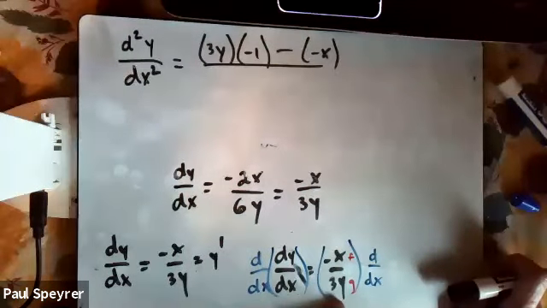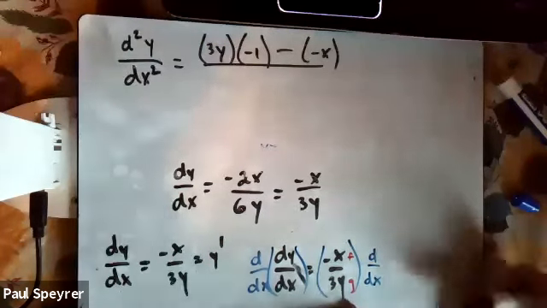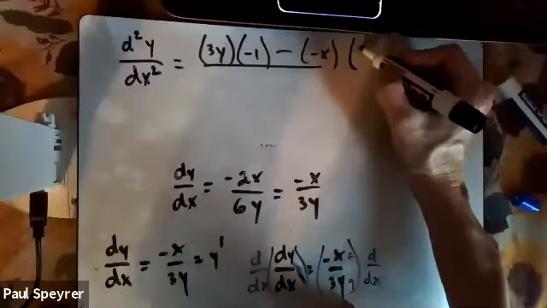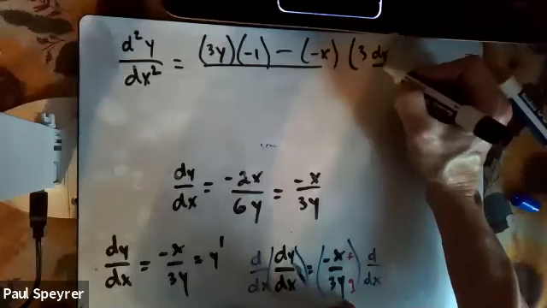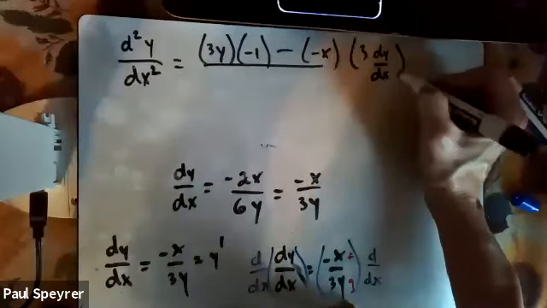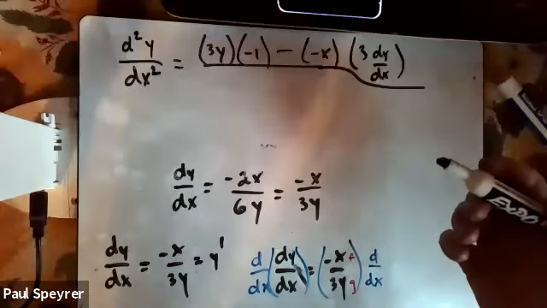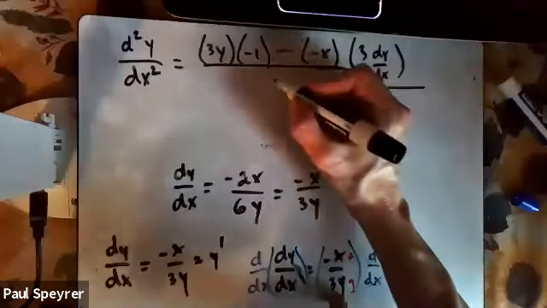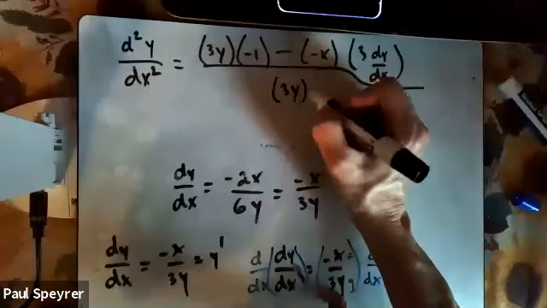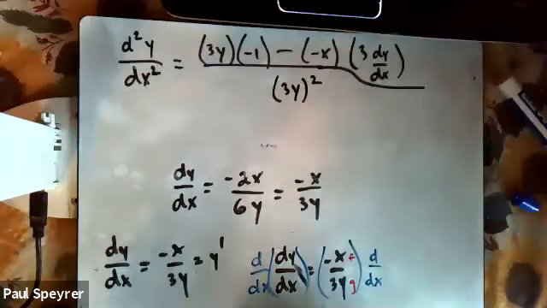Remember, we're deriving everything with respect to x right here. So what's the derivative of 3y with respect to x? That is 3 and then dy dx. And all that is divided by g squared, right? Because that's what the quotient rule calls for. g squared is 3y squared, that quantity.